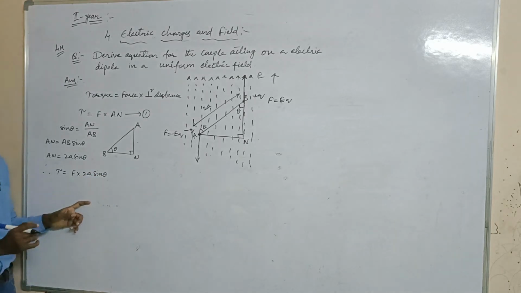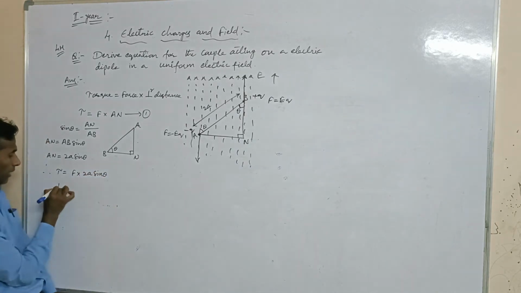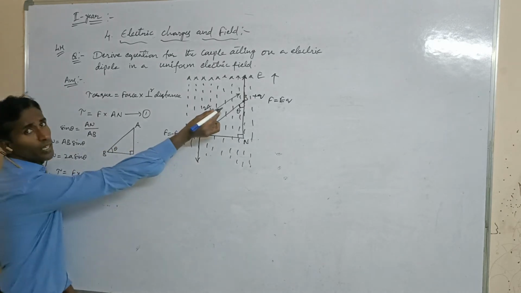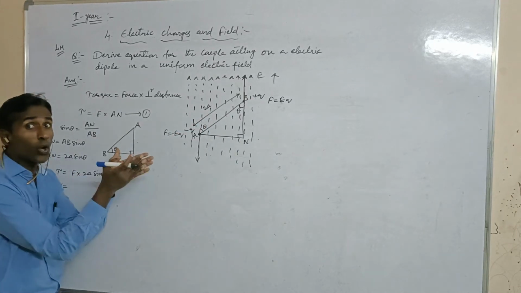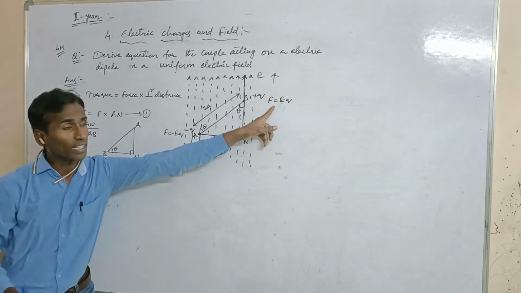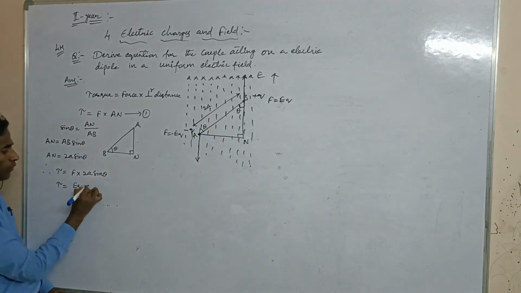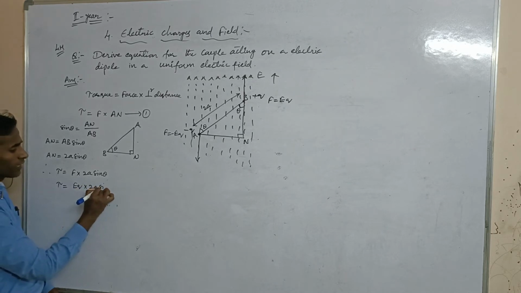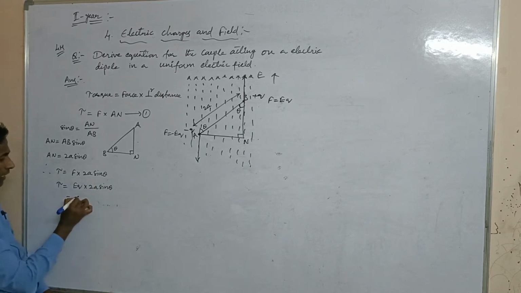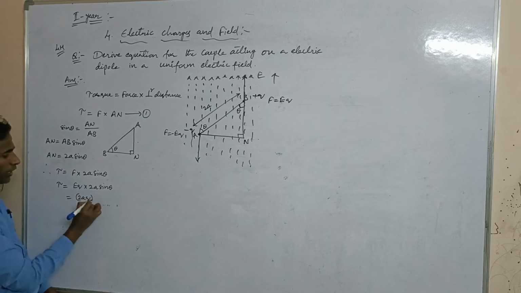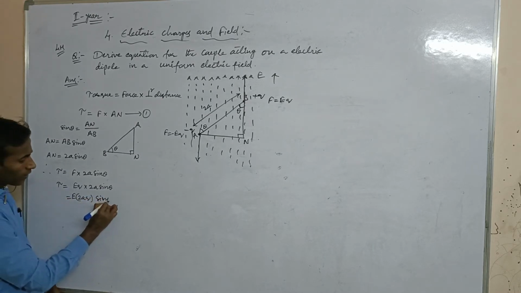Here F is the magnitude of the force, so F is equal to EQ. That is EQ into 2a sin theta. Then we can write it as E into 2aQ into sin theta.